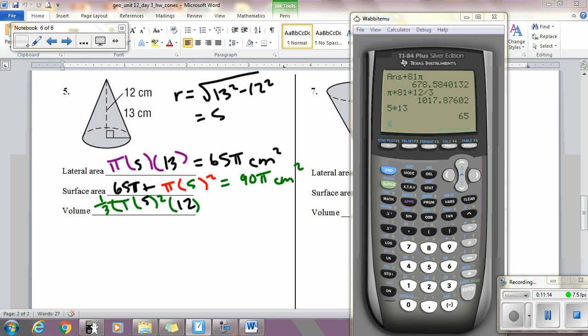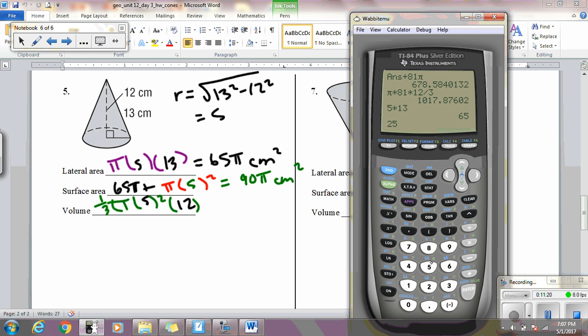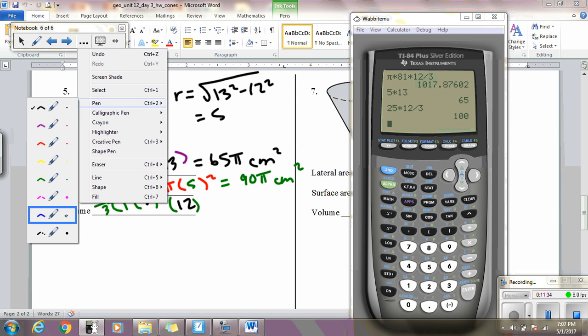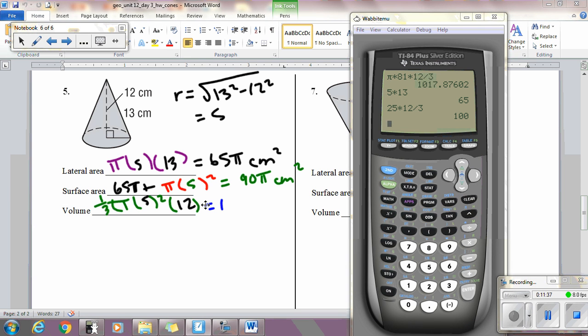So again, the only thing going in the calculator is 25, because that's 5 squared, times 12 divided by 3. And we get 100 pi. So our volume is 100 pi centimeters cubed.